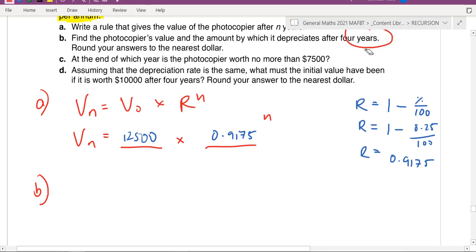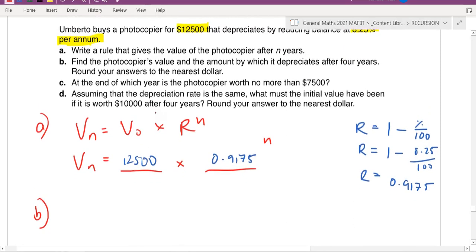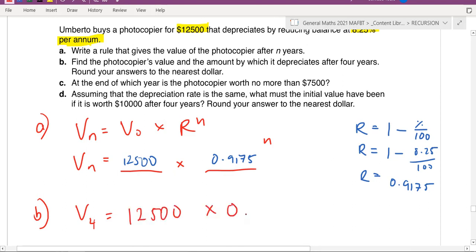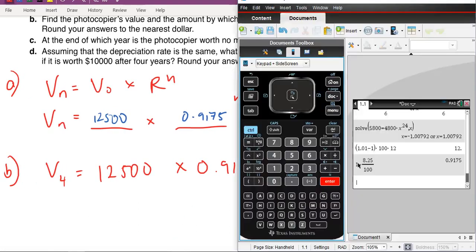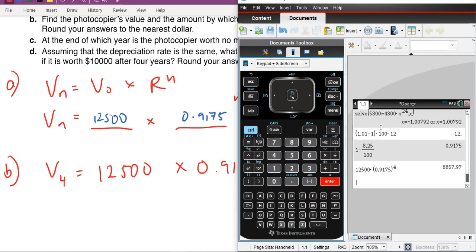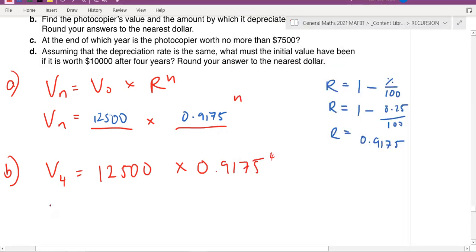So you're looking for the fourth term, and because it's not compounding monthly or weekly or anything like that, V4 would be equal to 12,500 times 0.9175 to the power of 4. On my CAS, 12,500 multiplied by 0.9175 to the power of 4 gives 8857.97.